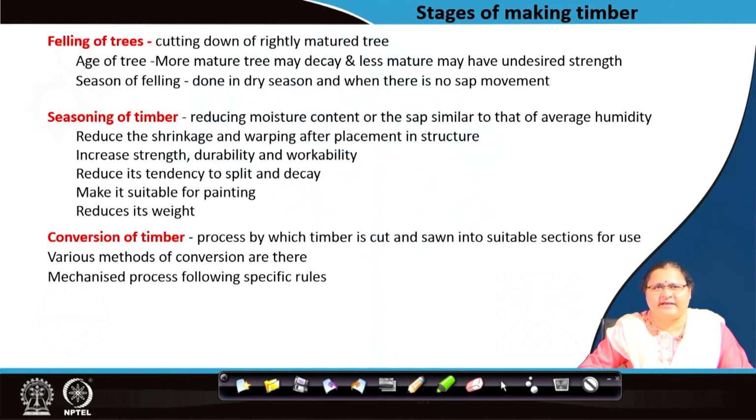After identifying, you have to take help of machines because such huge logs cannot be worked by 1 or 2 persons by human labor. So, you have to use machines to split it into 2 halves or into 4 halves or tangentially. There are various methods of conversion which we will try to cover in our next lesson.